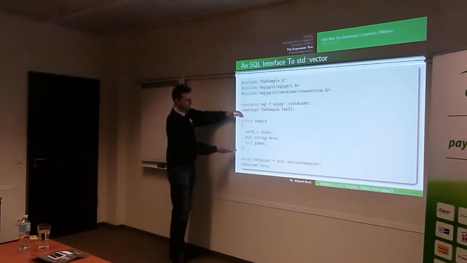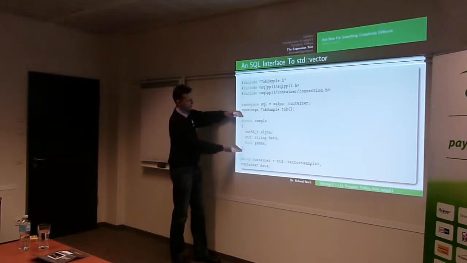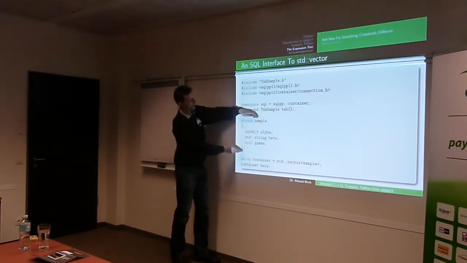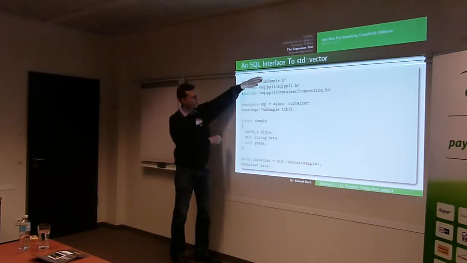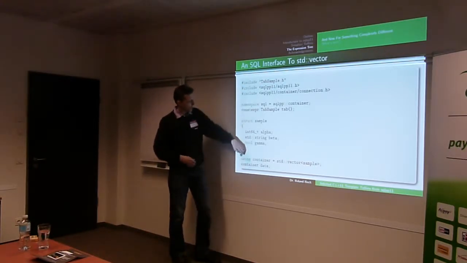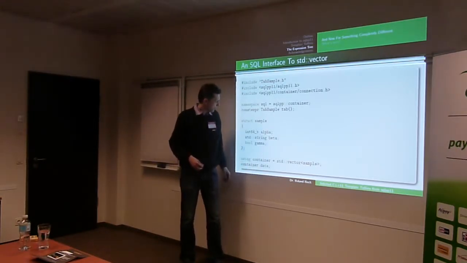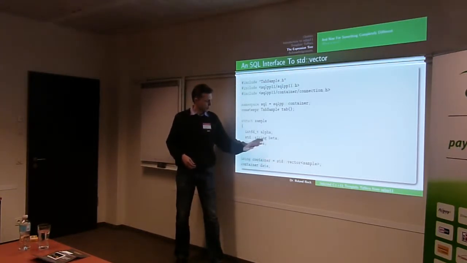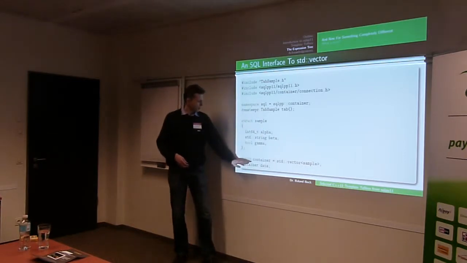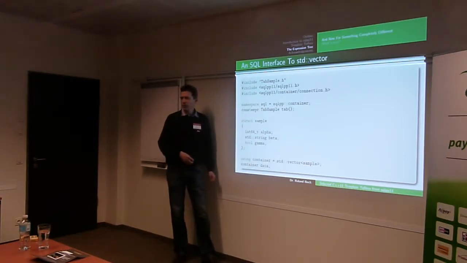And then we have a sample struct, which is quite ordinary. The sample struct corresponds to the table definition that we have in our header here. And then we can just, as normal, define that container is now a vector of sample, and create an instance of this vector.